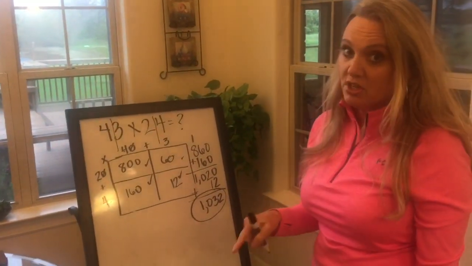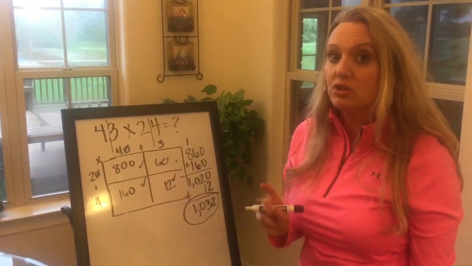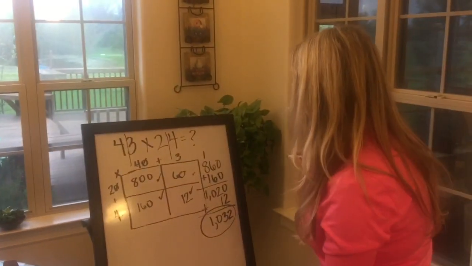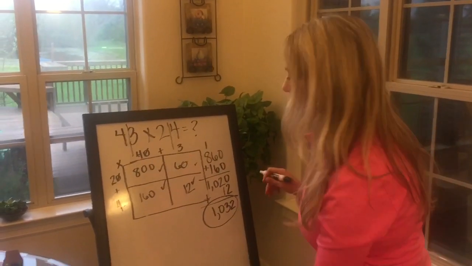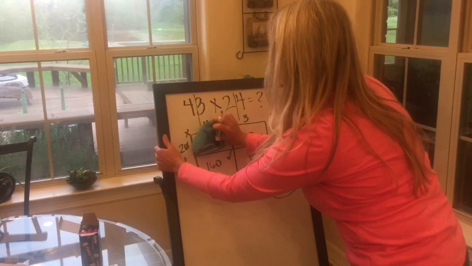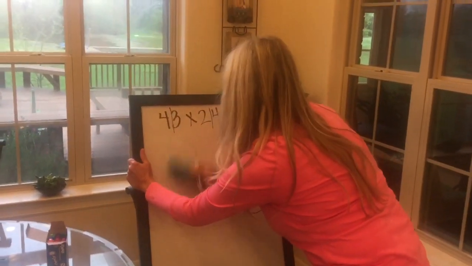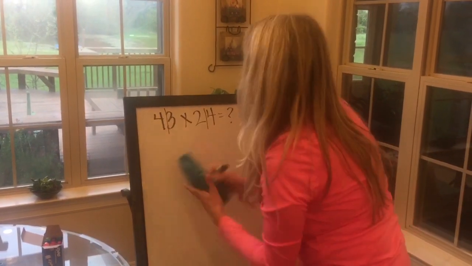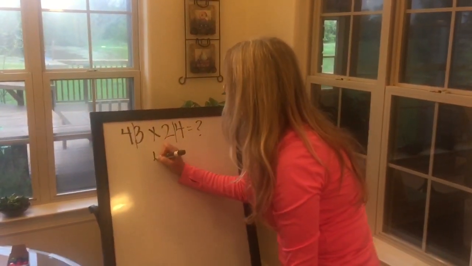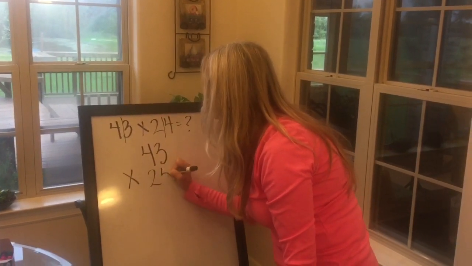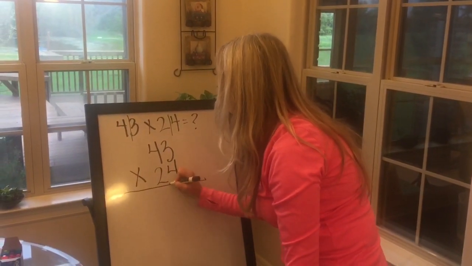So you know what I'm going to say next. Just to double check yourself, I want you to do the traditional way too. So here's what I want you to do. Let me erase this so we can have a little more room. So the traditional way, we line up 43 times 24.